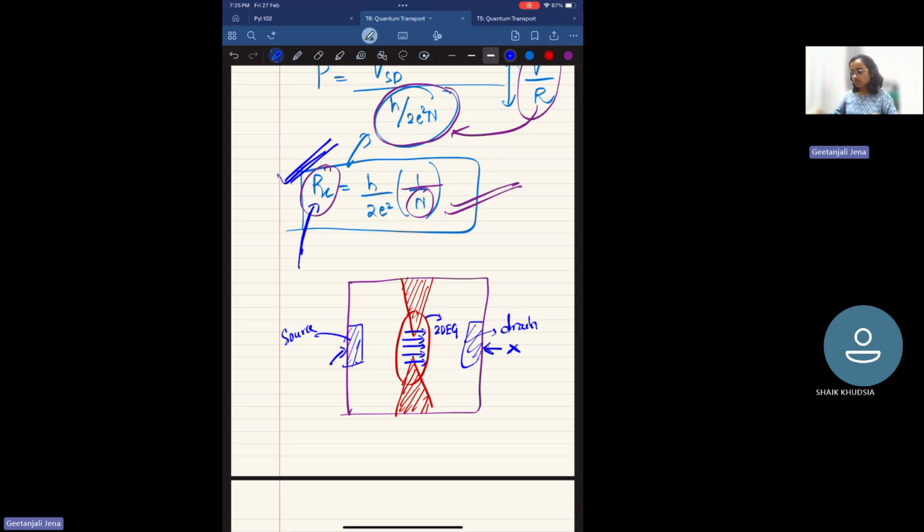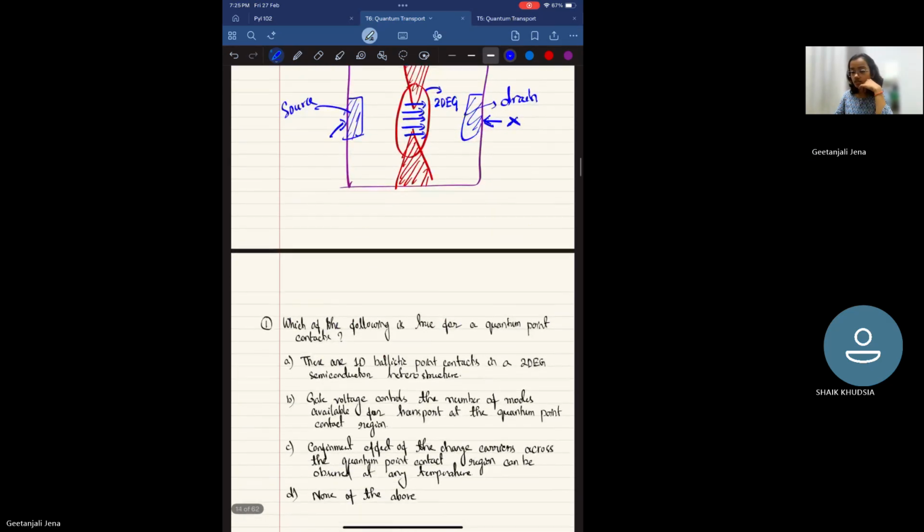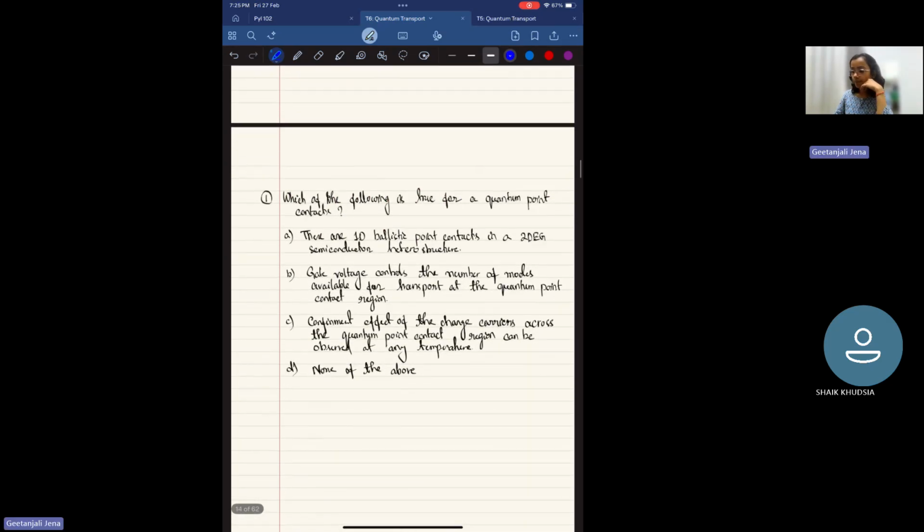So this is all the physics that I wanted to cover for today. For now, let us move to our problem solving part. Let me know before whether you have any doubt, or I can just move on to start solving the problems.